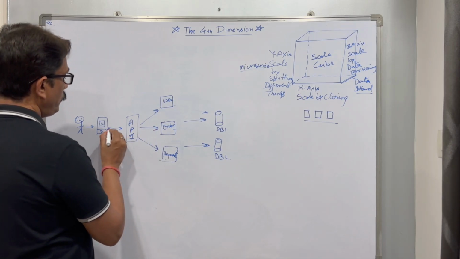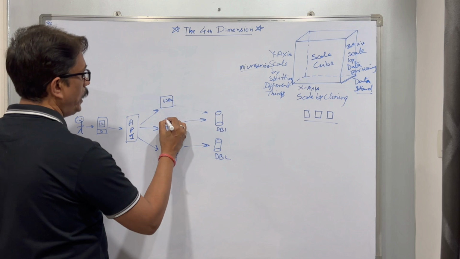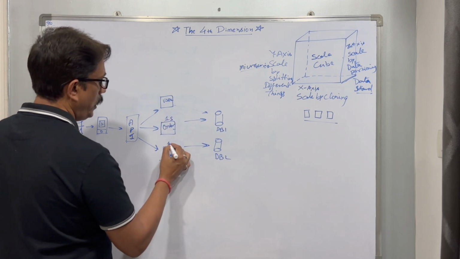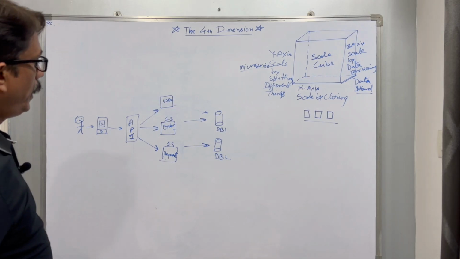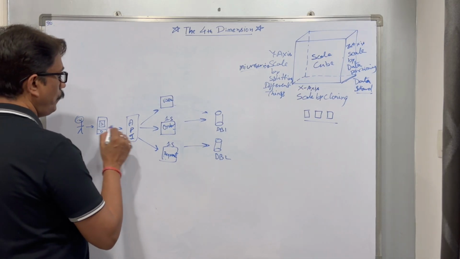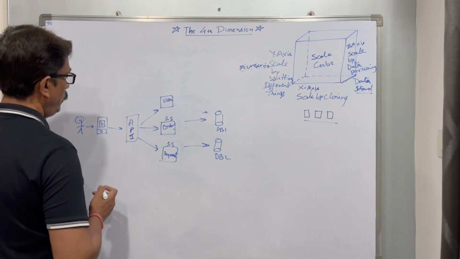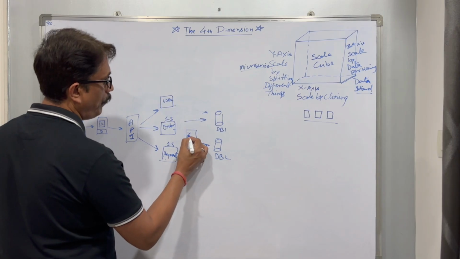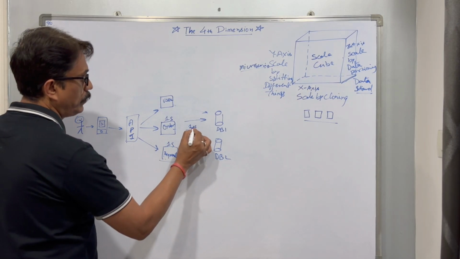So when the request comes from the client to the server, suppose the order service takes 1 second to process a request, and the payment service also takes 1 second. And here we also have things like an inventory service, and this also takes 1 second.